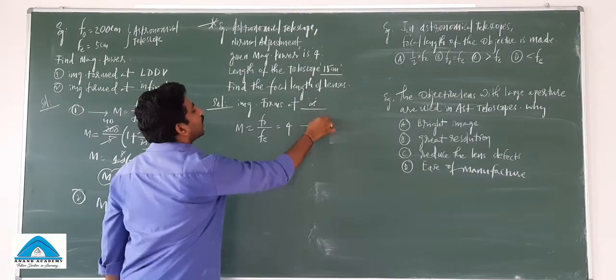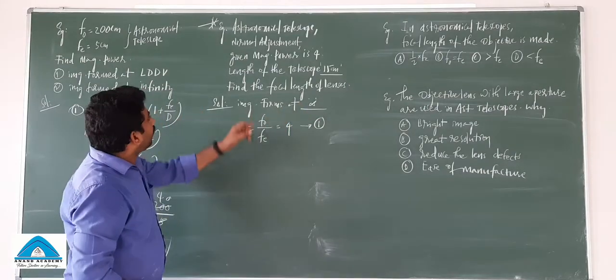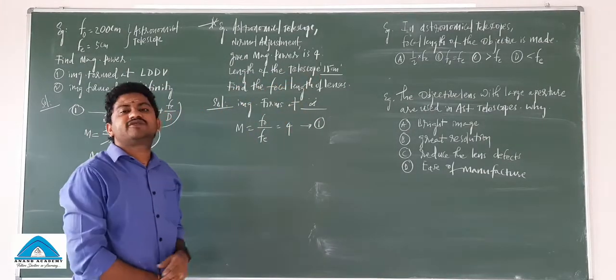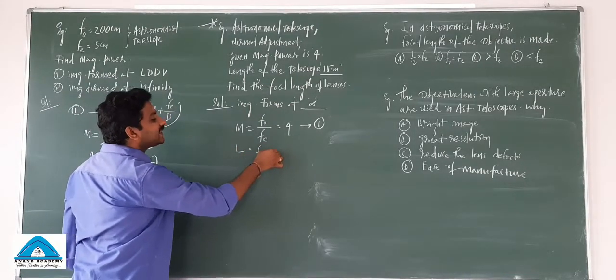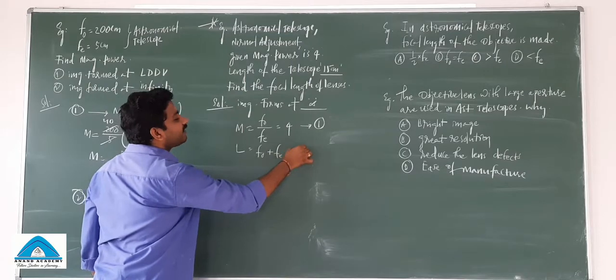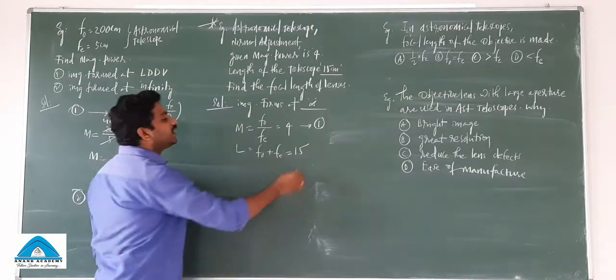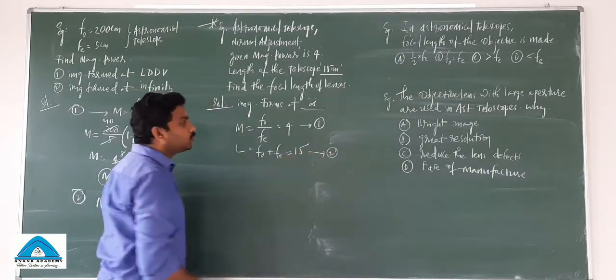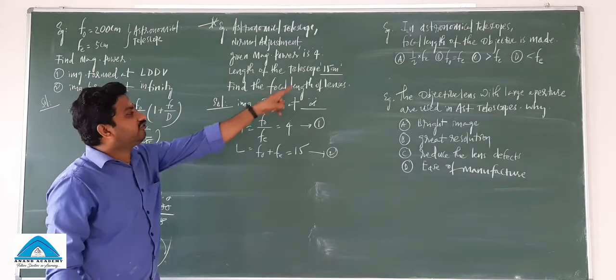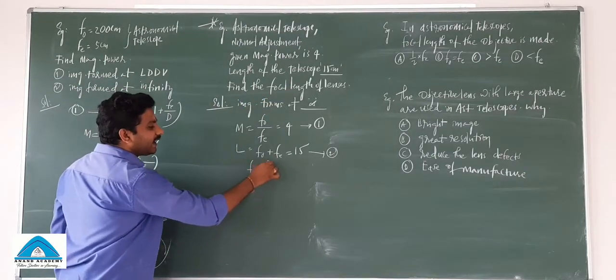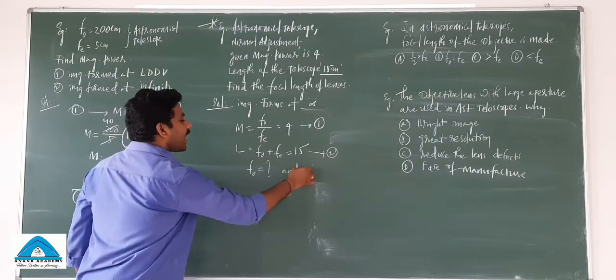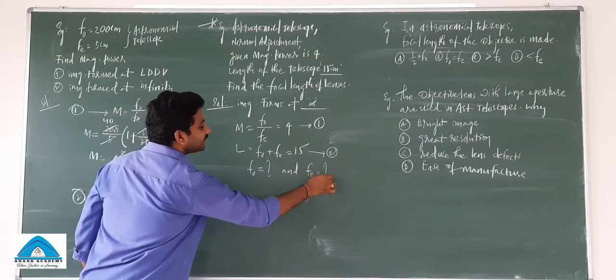Keep it as equation 1. Length of the telescope is 15. Length of the telescope in this case is f naught plus fe. It's given as 15. So that is equation number 2. Find the focal length of the lenses. Our aim is to find f naught and fe.